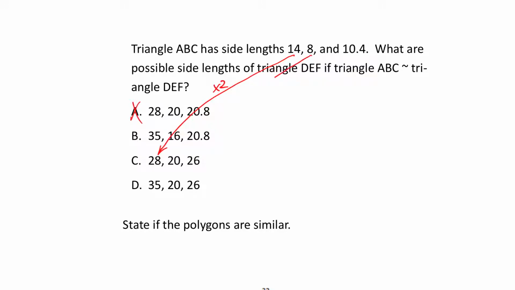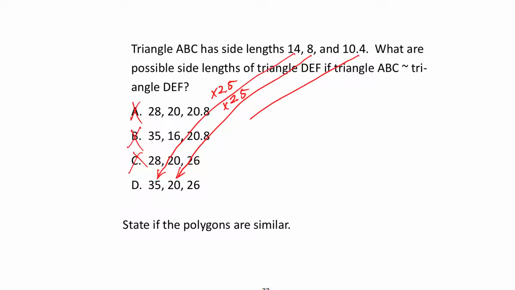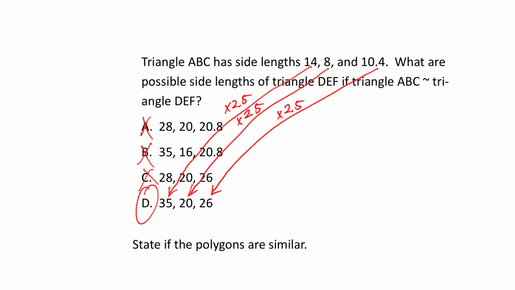But then same thing, 8 times 2 is 16, not 20. So that's not it. So hopefully it's the last one. Okay, 14 times 2.5 is 35. 8 times 2.5 is 20, and 10.4 times 2.5 is 26. That's it. So that's what we're looking for.